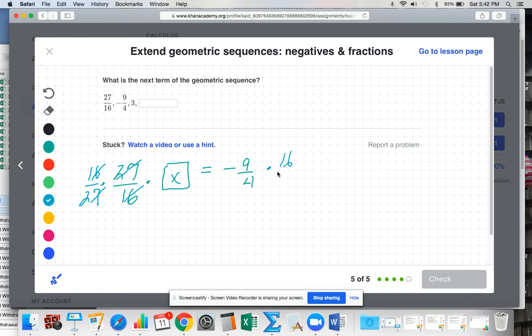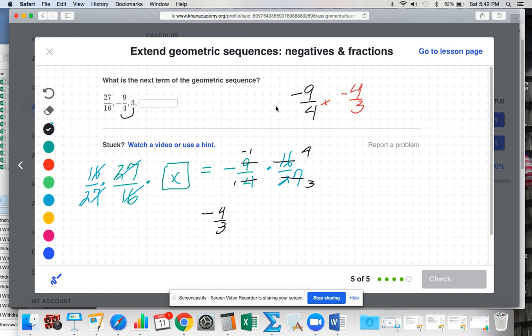Let's multiply by 16 over 27. Okay, so we're going to cross cancel. And 1 and 4, negative 1 and 3. So what I am multiplying by is negative 4/3. I could prove that maybe between these two terms. I'm multiplying by negative 4/3.